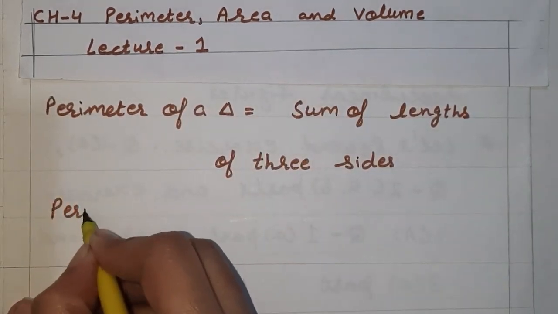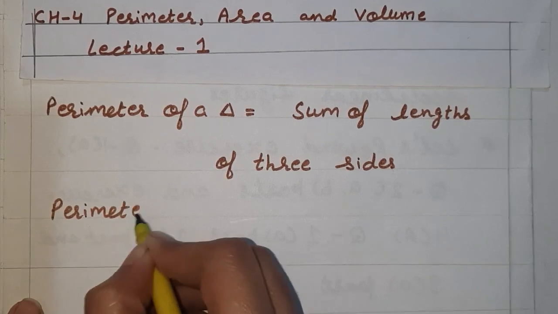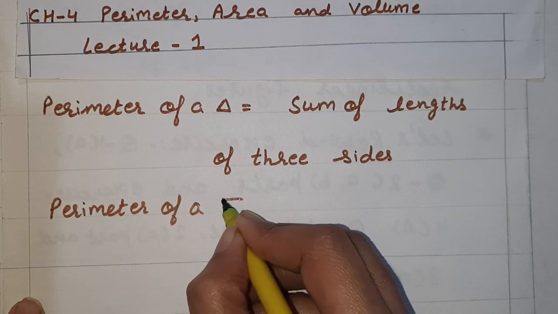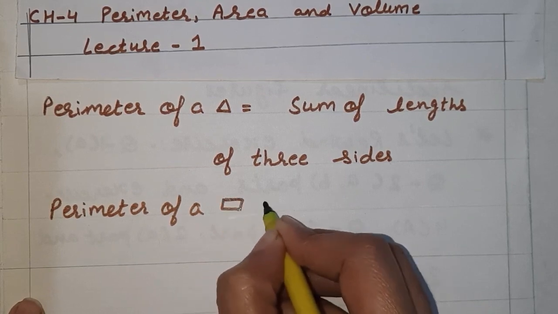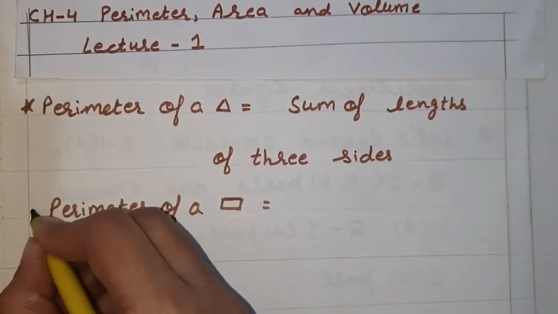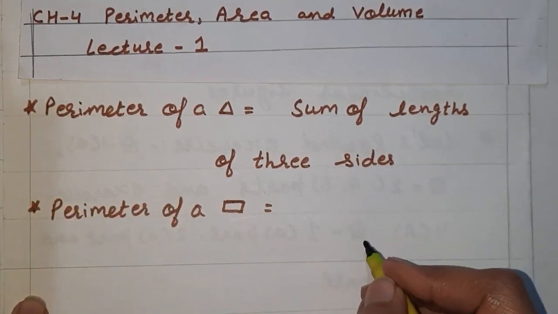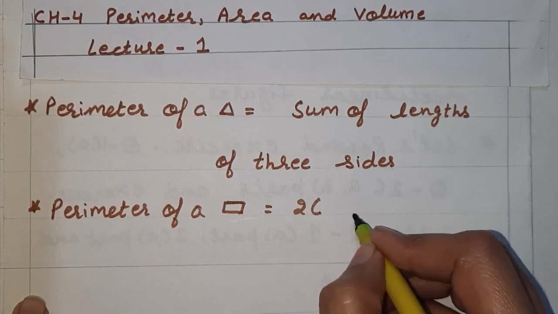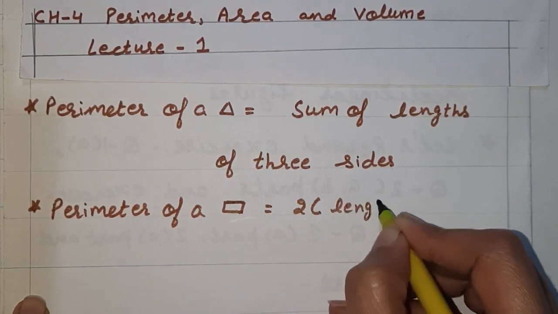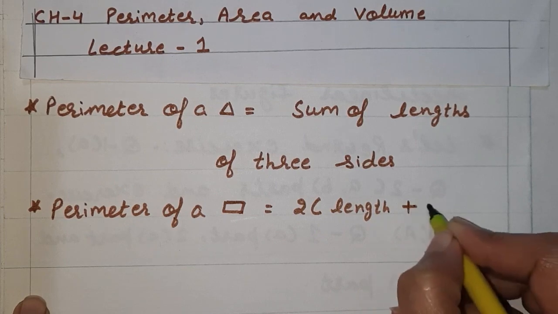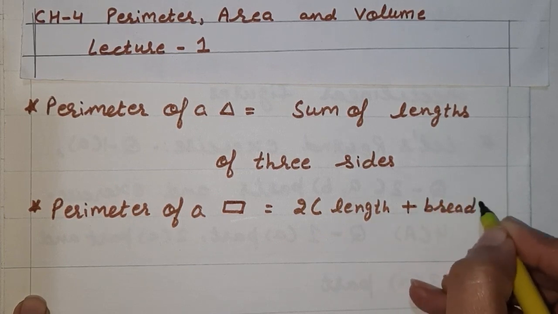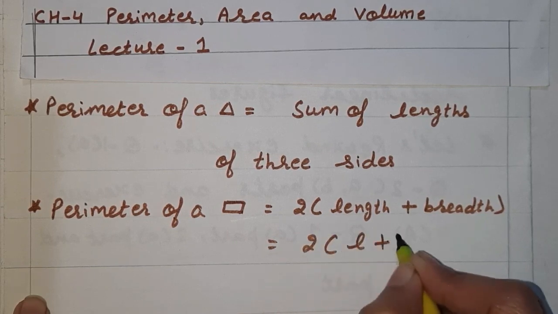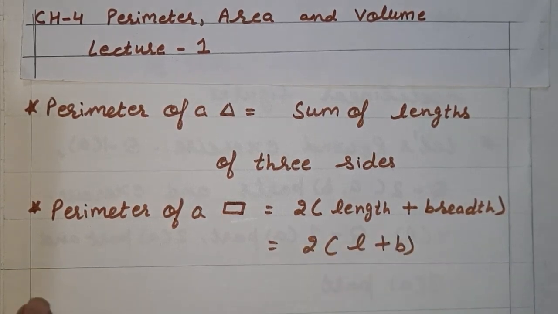Perimeter of a rectangle is 2 (length plus breadth), or 2 (L plus B).